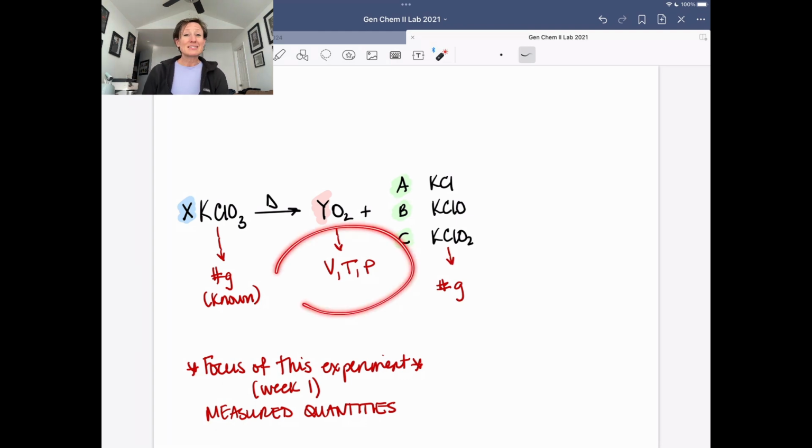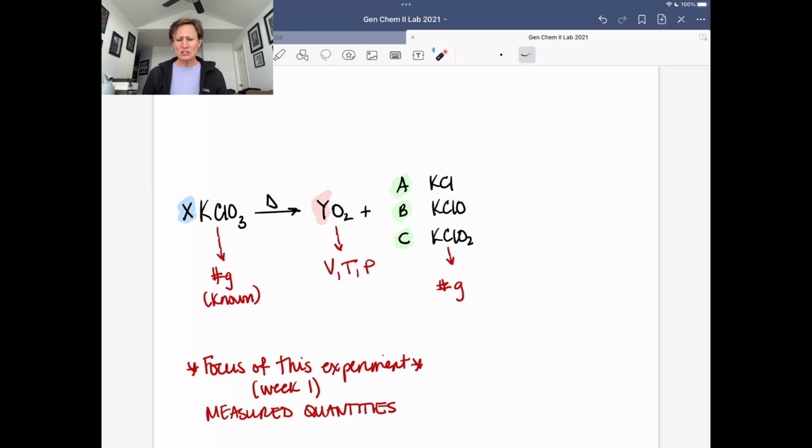And then importantly, this is a gas law lab, we are going to be collecting some data that's going to allow us to determine the amount of oxygen that we liberate. And using the ideal gas law, we're going to know the volume of gas we liberate, the temperature of the gas, and then the pressure of the gas. All of those pieces will allow us to ultimately determine the amount of gas that we liberate.